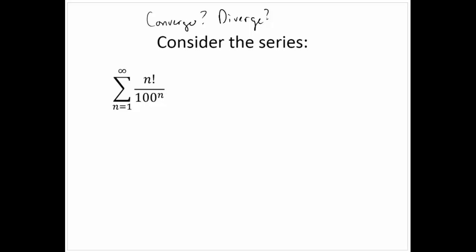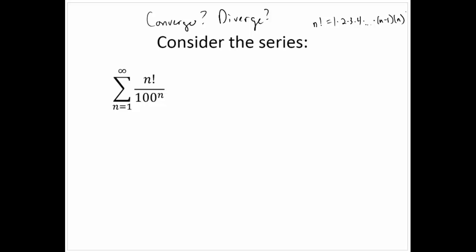I look at this series and I see, hey, it's got a factorial and an exponential. I'm going to try this ratio test. And recall that n factorial means 1 times 2 times 3 times 4 times ... times n minus 1 times n.